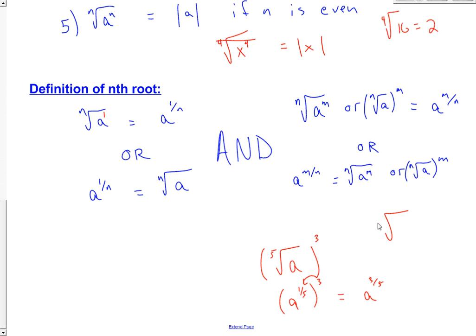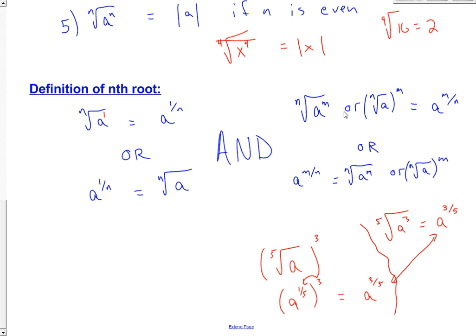If I had the fifth root of a to the third to start with, this just becomes the denominator of whatever exponent is here. So we just take that and we rewrite it as a to the 3 and the denominator becomes 5, so 3/5. As you can see, I have the same answer as I did when the exponent was outside of parentheses.